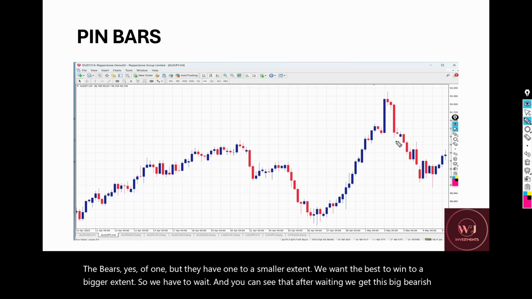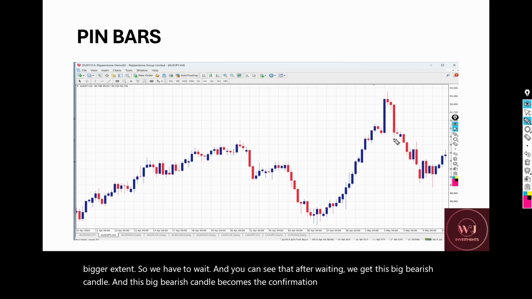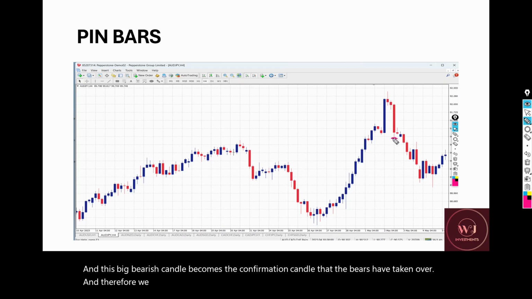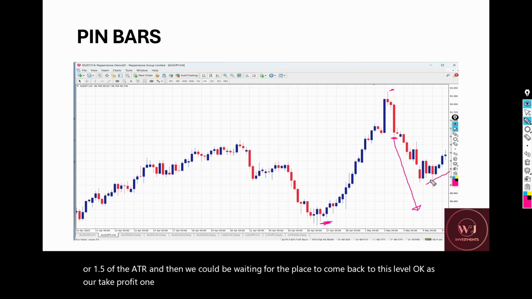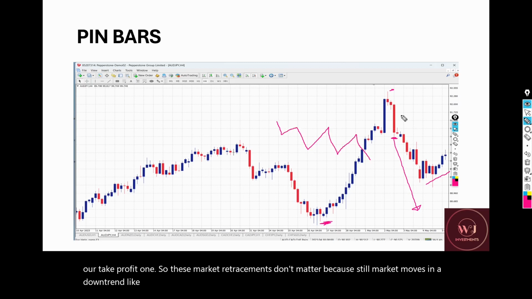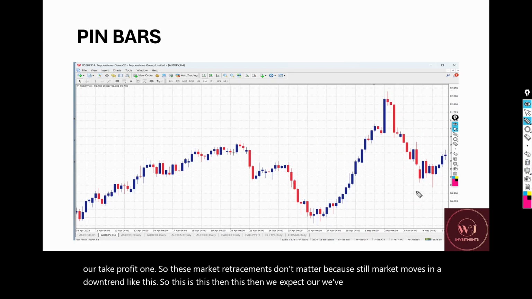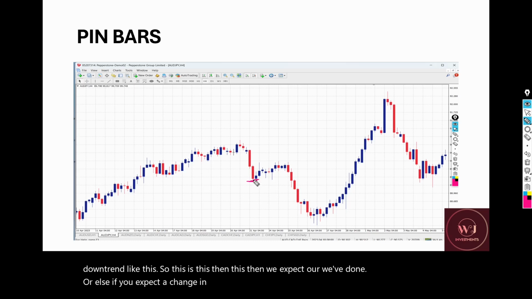This big bearish candle becomes the confirmation candle that the bears have taken over, and therefore we can join them and put our sell stop order, our stop loss above the pin bar or 1.5 of the ATR, and then wait for the price to come back to this level as our take profit one. So these market retracements don't matter because the market still moves in a downtrend like this. Then we expect a wave down, or else a change in trend because of this support level which is matched with this one.